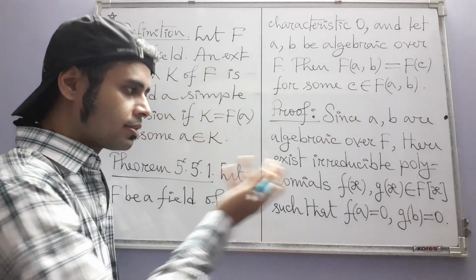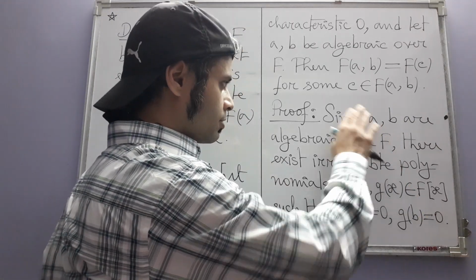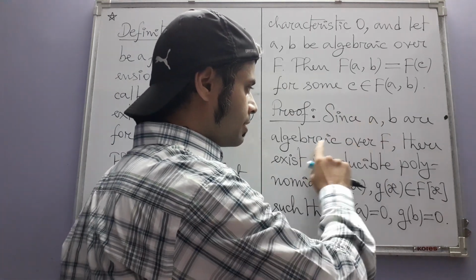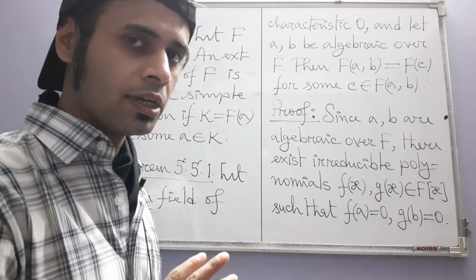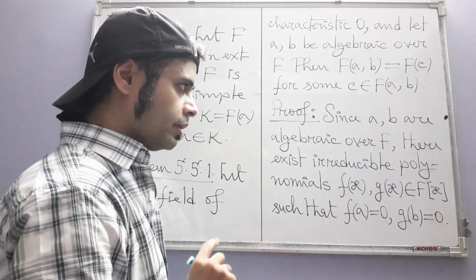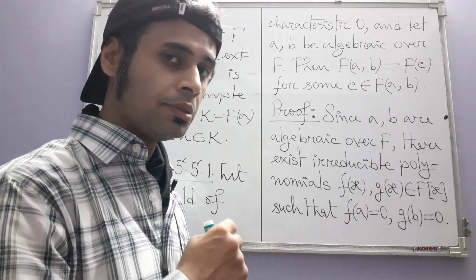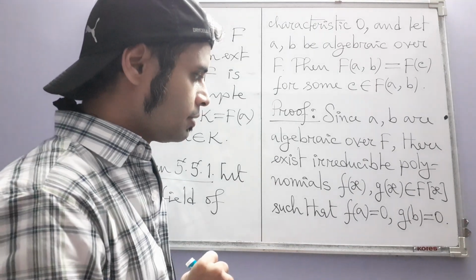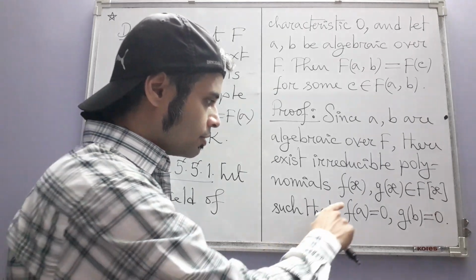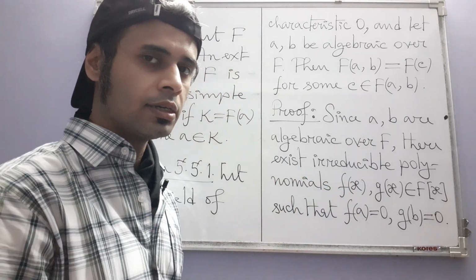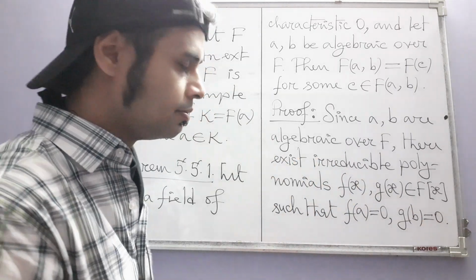Why? Where are these polynomials coming from? Let us concentrate on a. Because a is algebraic over F, by definition a has to satisfy a non-trivial polynomial. So if there is one such polynomial, then there will also be one with minimum possible degree, and that minimality of degree would make that polynomial irreducible. So this is one such polynomial, irreducible, that is satisfied by a, and there is a similar one for b.